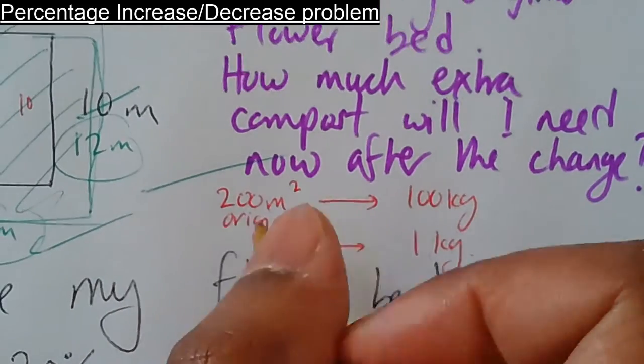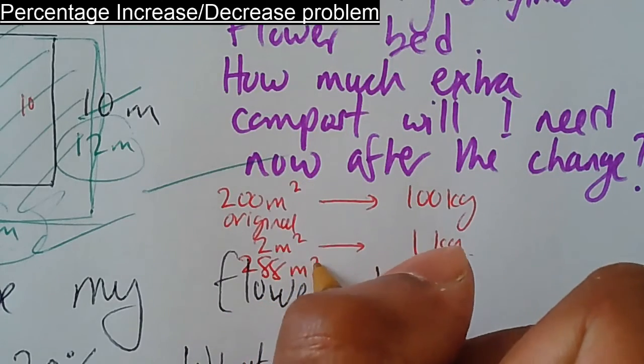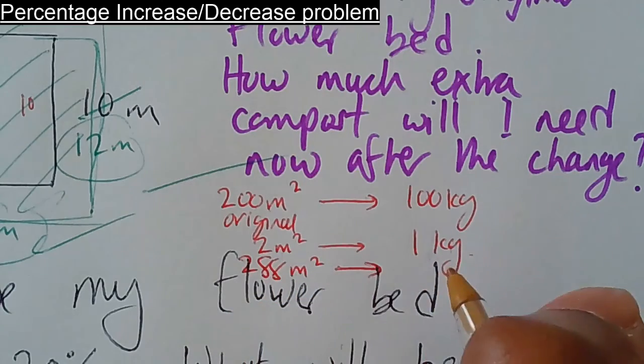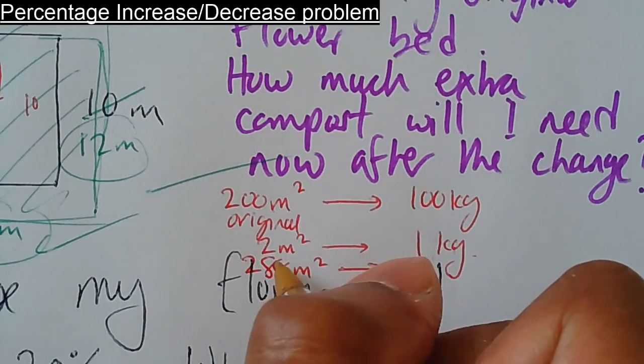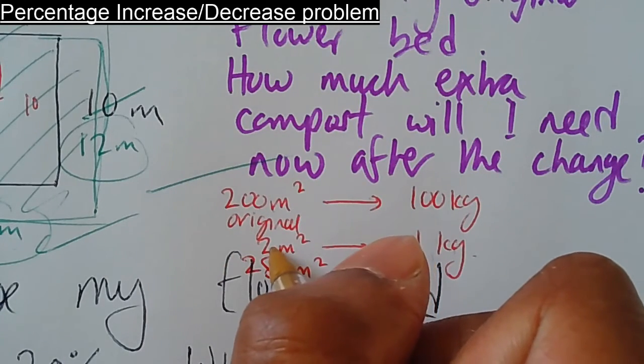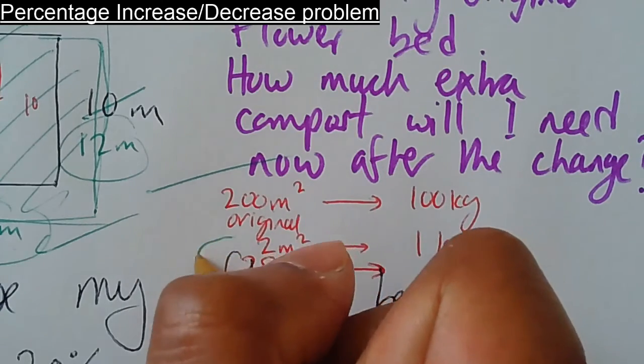So you've got 288 meters squared. So how many kg will that be? Now you know, to get from 2 meters squared to 288 meters squared, you need to know what the multiplier is, what you need to multiply by.